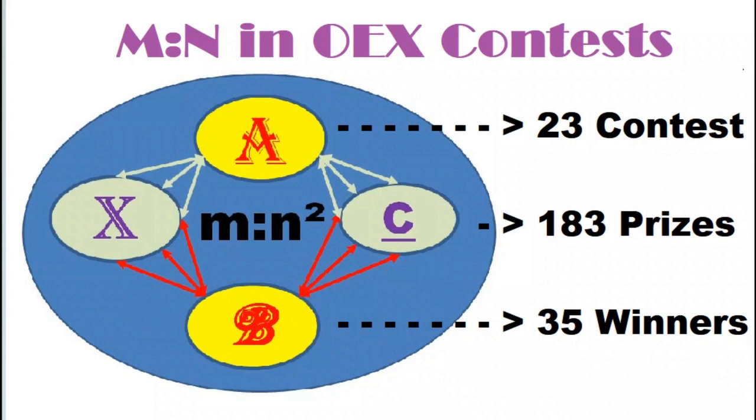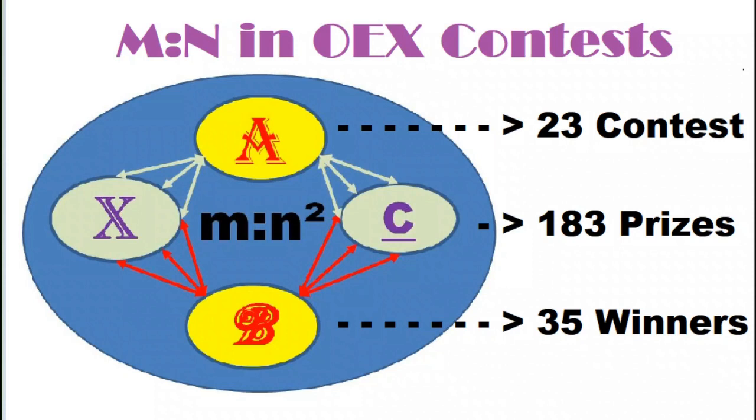And if you dig deeper, you see a list of 35 winners. The prizes itself are separated into prizes assigned by community, and the others are assigned by experts.